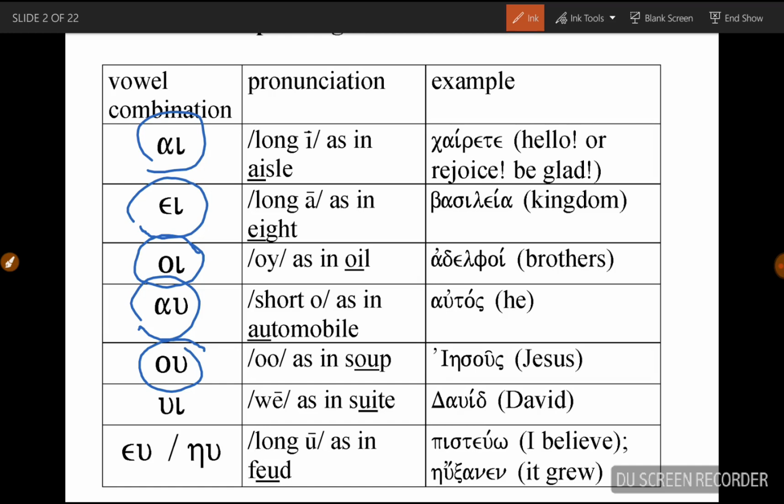And a very famous example is Jesus, which is the word for Jesus in Greek. You have that E, A, then sus, and you have to pronounce it really fast as Jesus. This is a fun one. Upsilon iota is pronounced we together, like in sweet. You can see that in the word sweet. Both epsilon upsilon and eta upsilon are pronounced u as in feud.